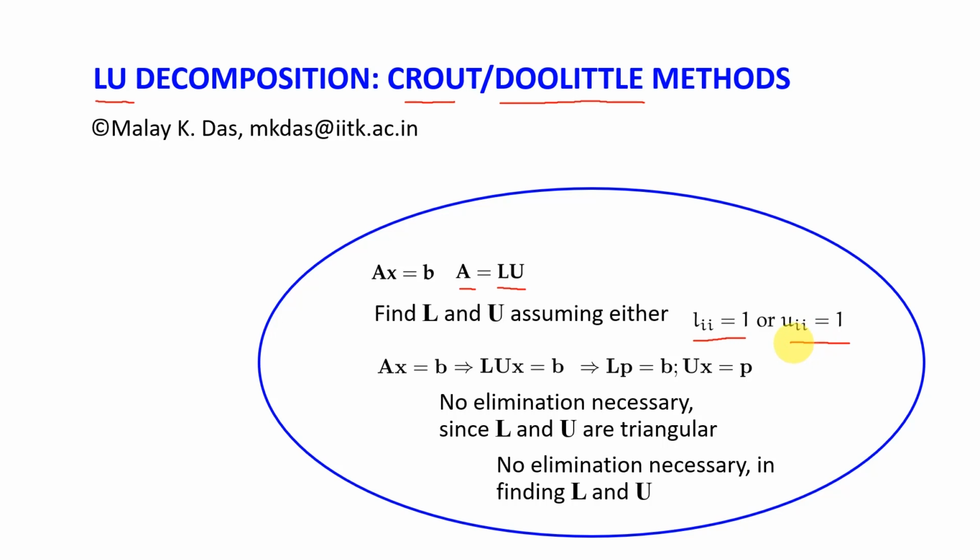L and U. Once we find L and U, we can solve the Ax equal to b problem using the two-step LU decomposition method. The advantage of this Kraut or Doolittle method is that we do not need any elimination during the evaluation of L and U. And we already know that when we are solving Ax equal to b using LU decomposition, we do not need any elimination since L and U are triangular.